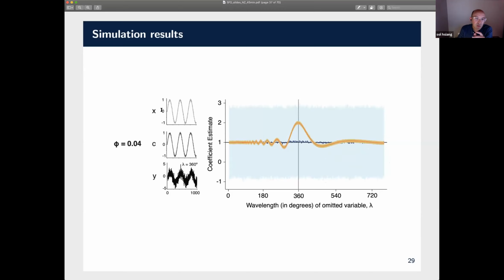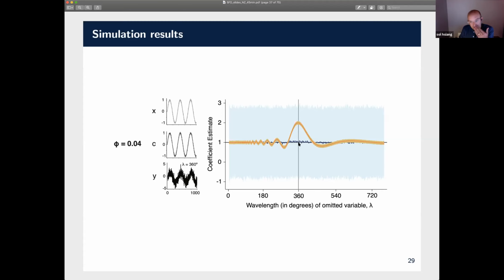But the second you introduce a very tiny amount of noise, so here the X's now have a little bit of noise you can see on top. It still looks very similar to the omitted variable. But as soon as you do that, the blue line is showing you the average estimate for a large number of simulations of the spatial first differences estimator. The orange line is the levels. The traditional model would do very badly. You'd be way off.